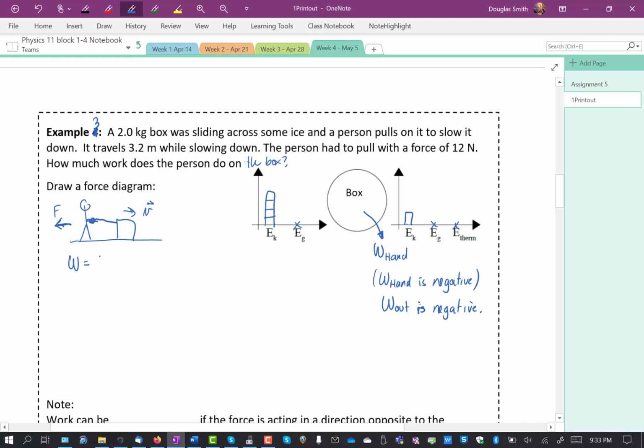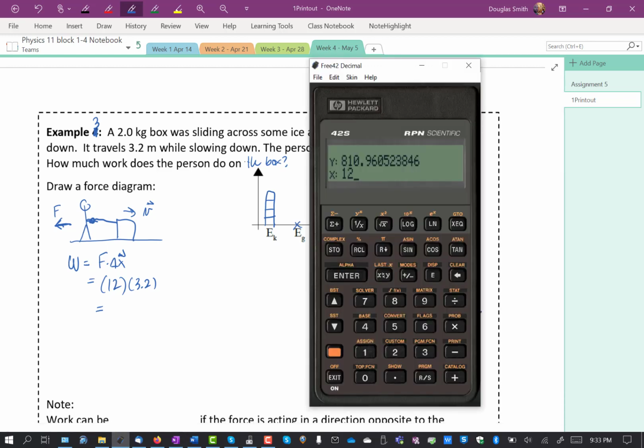We go work equals F times displacement. So the force was 12 newtons. The displacement is 3.2. So that's what, 36.24 or something like that. Oops. 38.4. Yeah.